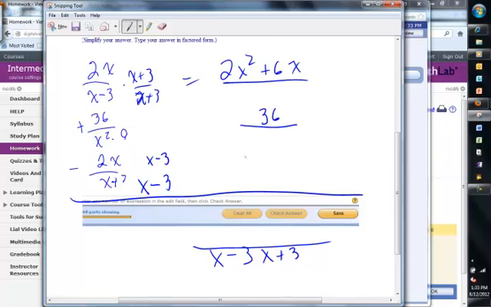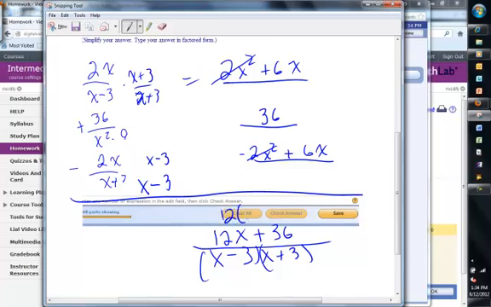So negative 2 times x is negative 2x squared. Negative 2 times negative 3 is positive 6x. Okay, so we're left with 2x squared minus 2x squared is nothing. 6 and 6 makes 12, 12x plus 36.